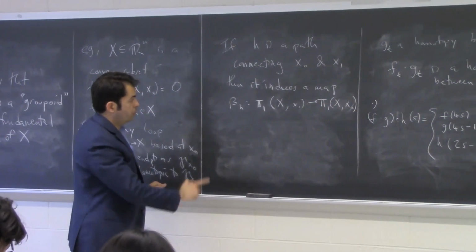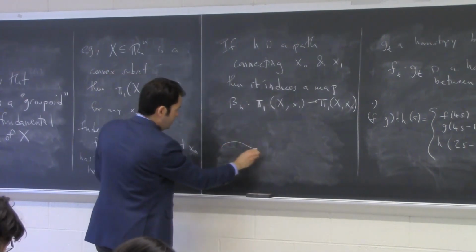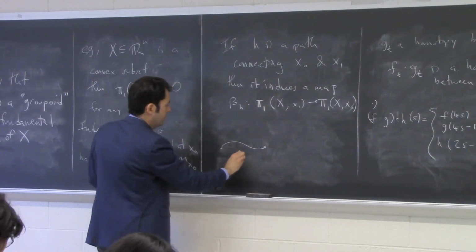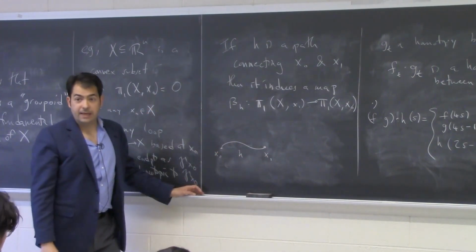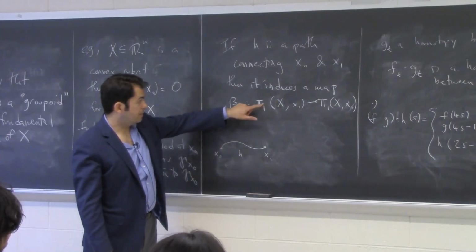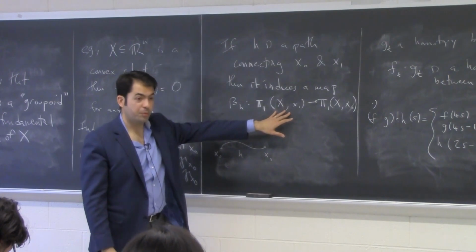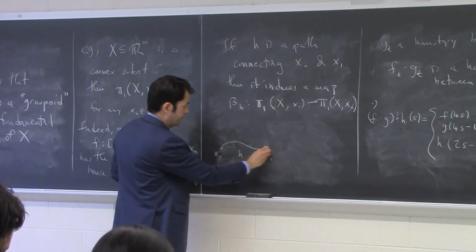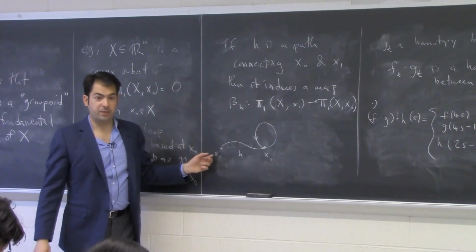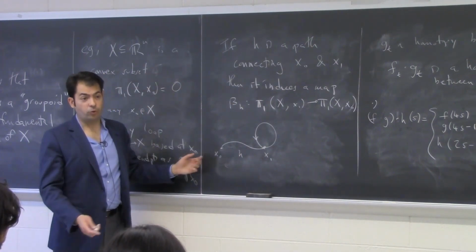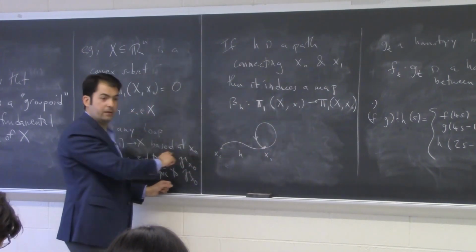So what's the picture? I have a path, H, that starts at x0 and ends at x1. And then I want a map from here to there. So you give me a loop based at x1, and I have to give you a loop based at x0. Of course, the loop is: first do H, then do that loop, then go back.